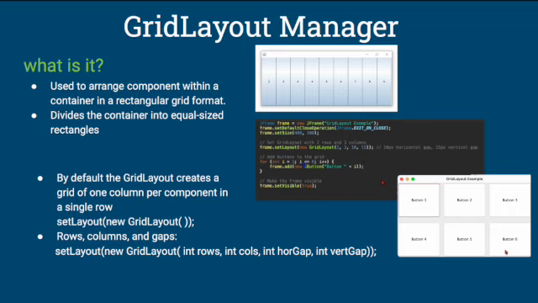I'm also using a for loop to create the buttons, and this is how it would look. As we can see, all these six rectangles have the same size, and it has indeed 2 rows and 3 columns.